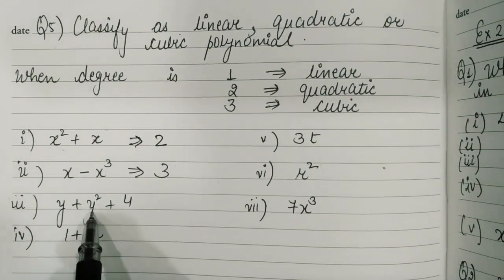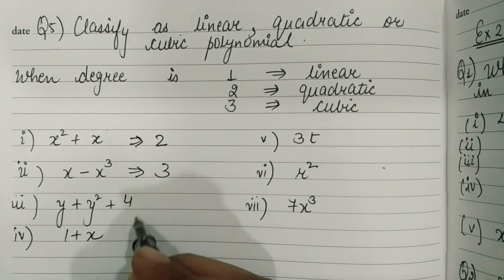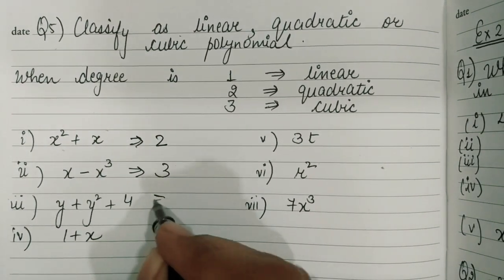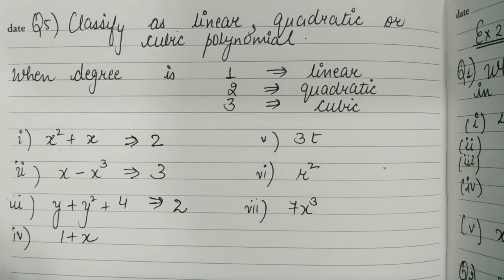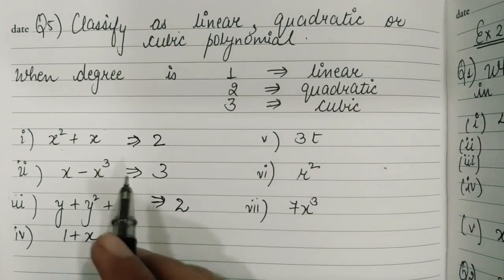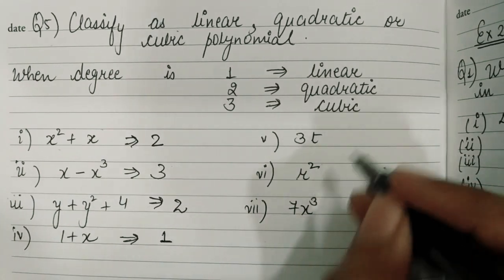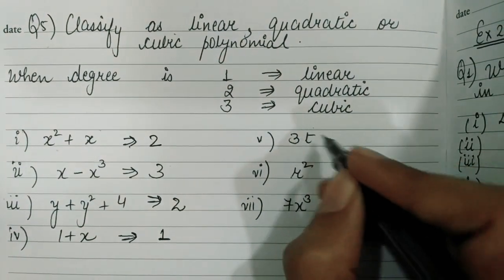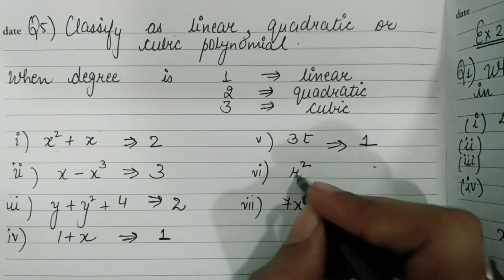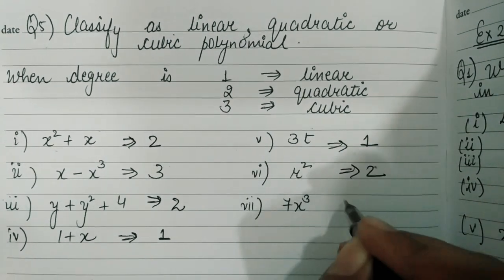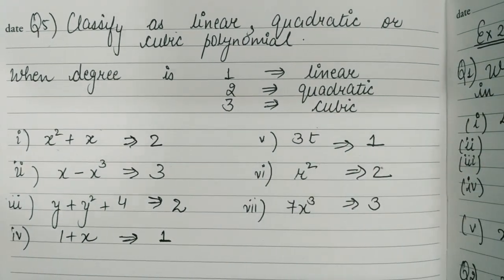y raised to power 1, y raised to power 2, and here y raised to power 0. The highest power here is also 2. 1 plus x, x raised to power 1. Here also t raised to power 1, 2 and 3.